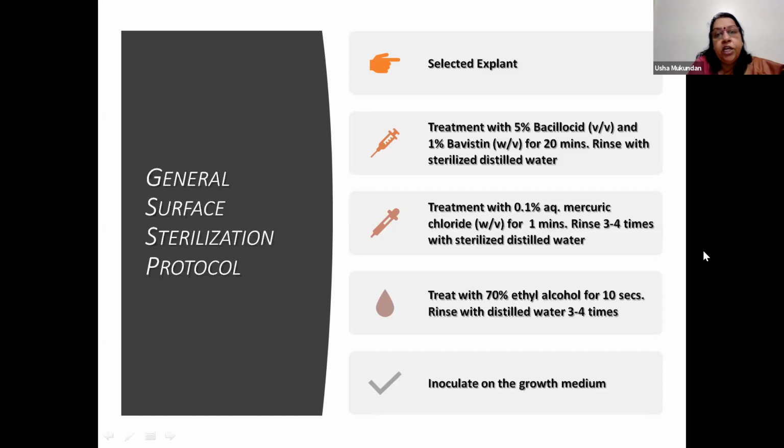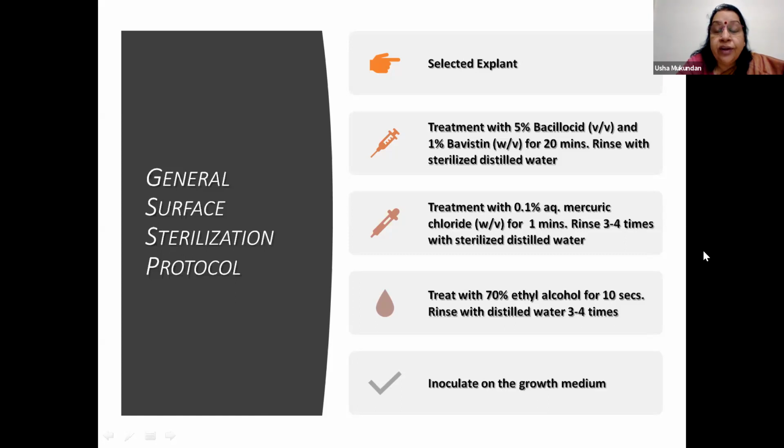And then if the contamination levels are not high, you prefer a chlorination method using sodium hypochlorite. If contamination is higher, that means you are collecting the explant from the field, then you use mercuric chloride in a two-step sterilizing reaction. First you sterilize with mercuric chloride and then very quickly with ethyl alcohol.